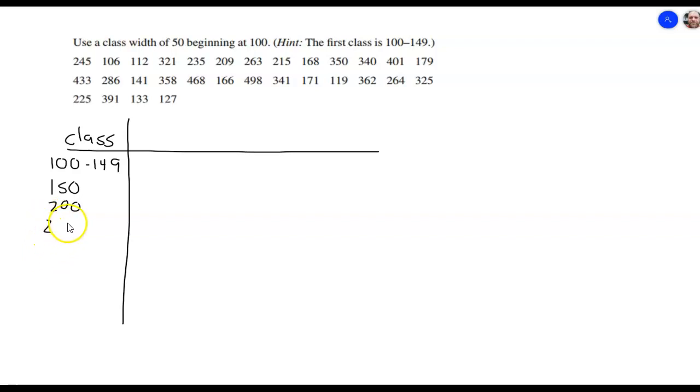So 250, 300, 350, 400, and 450. And then you're just going to be adding 50 to all of the upper class limits as well in order to build our classes here.